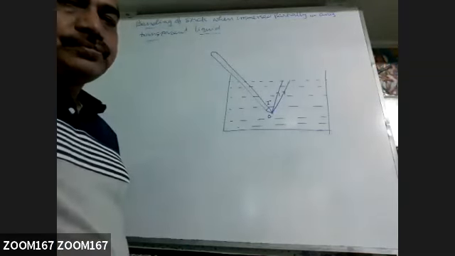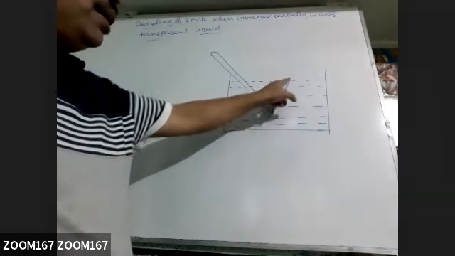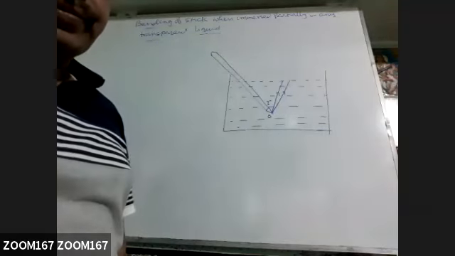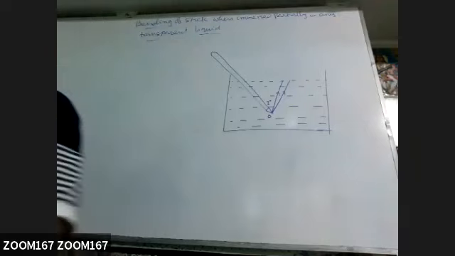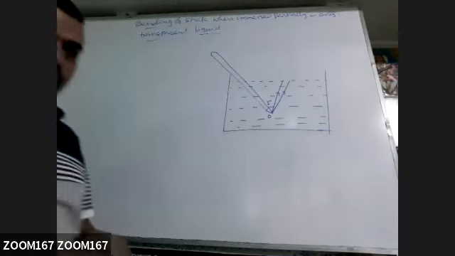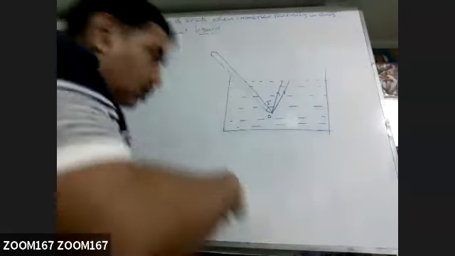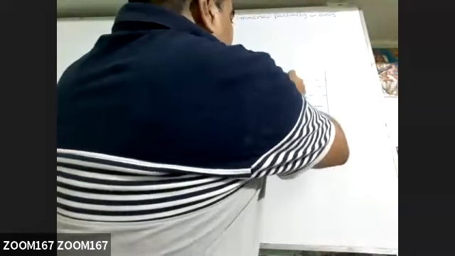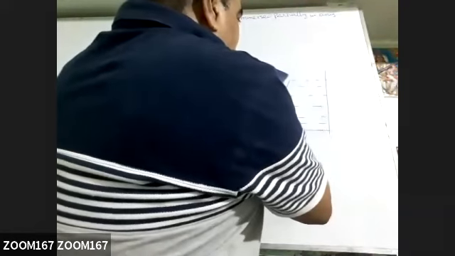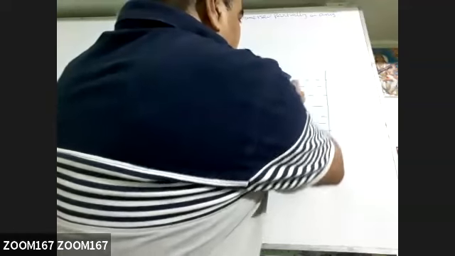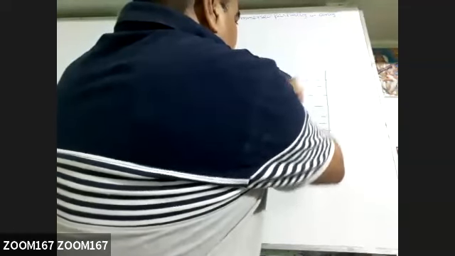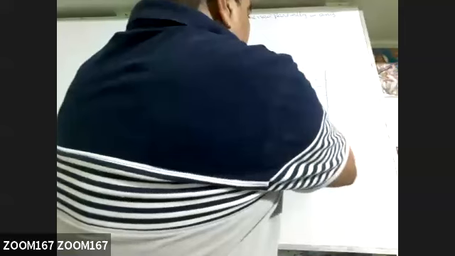Now what will you do? You join this point and this point by a dotted line and then by a full line. So suppose we have joined this eye here up to here with a dotted line and then a full line. Then the second one is this one, up to here a dotted line.